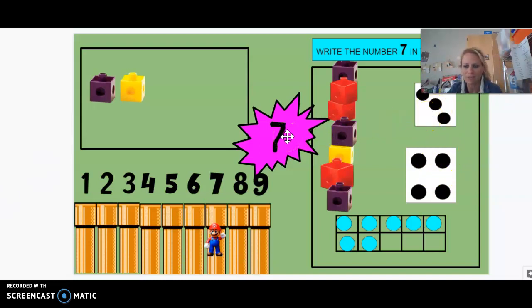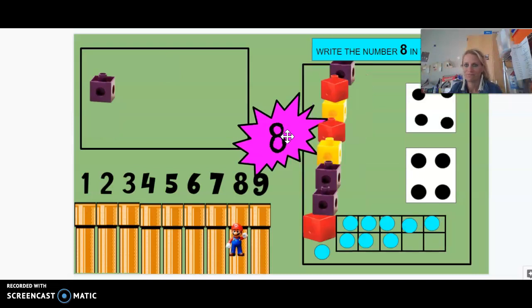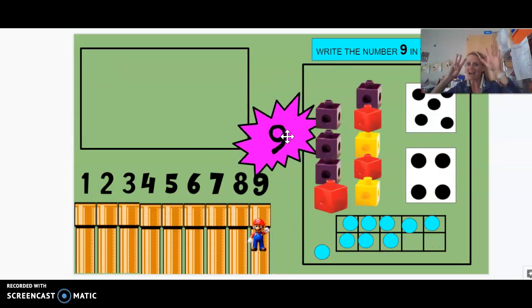We can subitize with them. 6, or 3 and a 3. 8. 4 and a 4 is 8, or 5 and a 3 is 8. And 10. Last number. Number 9. 1 less than 10 is 9.